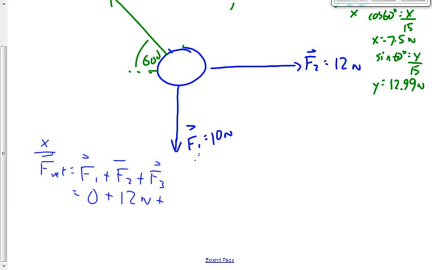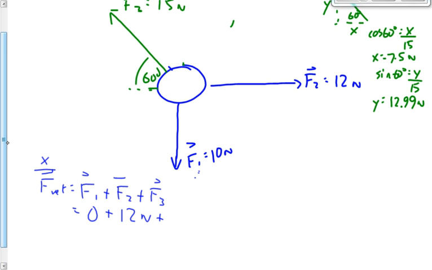What's F3? How much of that 15 newtons is left or right? Good. Negative 7.5. Why the negative, Josh? It's going to the left. 12 plus negative 7.5 is going to give me 4.5 newtons. Okay, there's the x component.